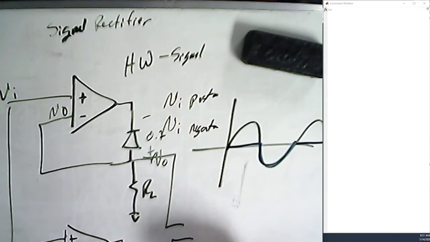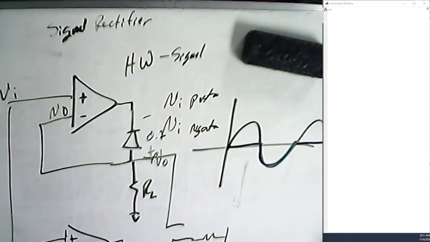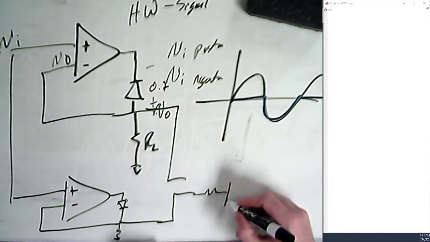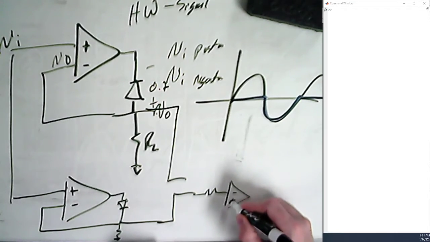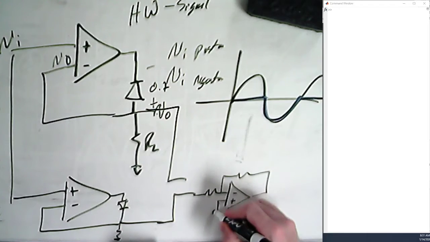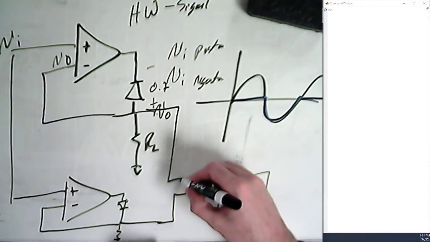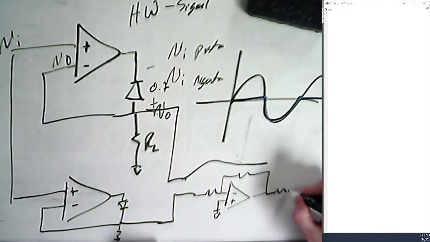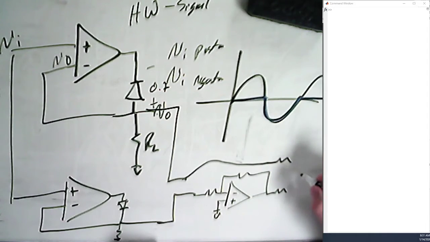And I'm going to invert, actually, this is the positive half wave. I'm going to invert this one. Okay? I'm going to invert this one. And there's a reason for that. And then both of these get a resistor out, and we put them into an inverting summer.